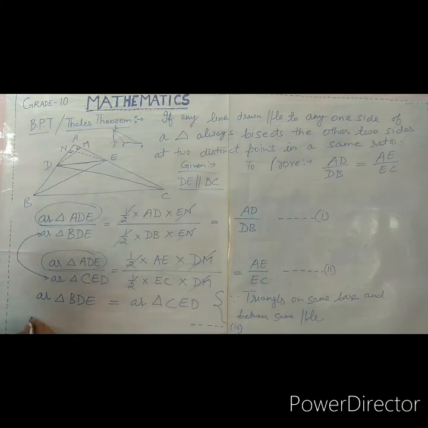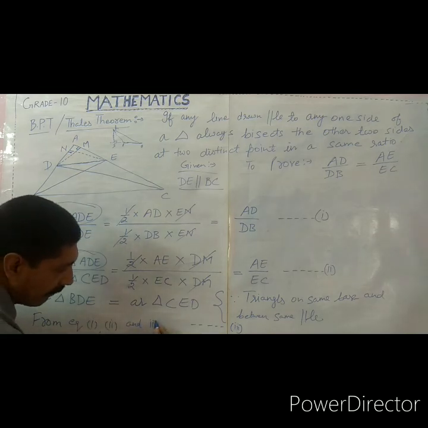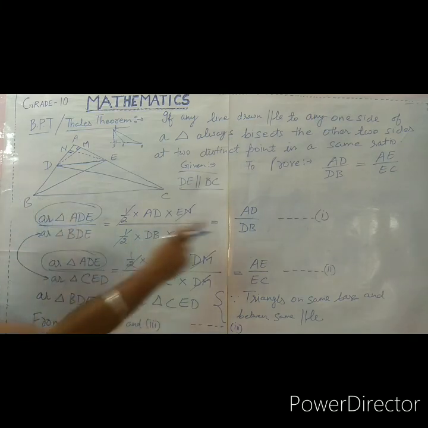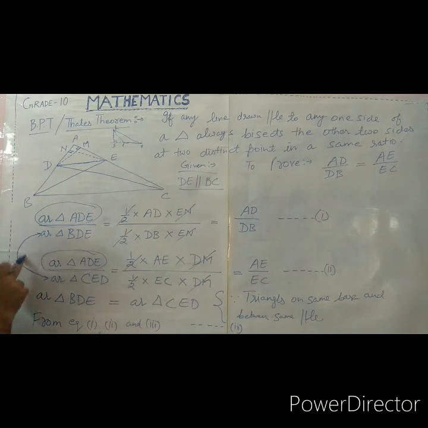So from equations 1, 2 and 3, that missing link we have now completed. The areas of these two triangles CED and BDE are equal.